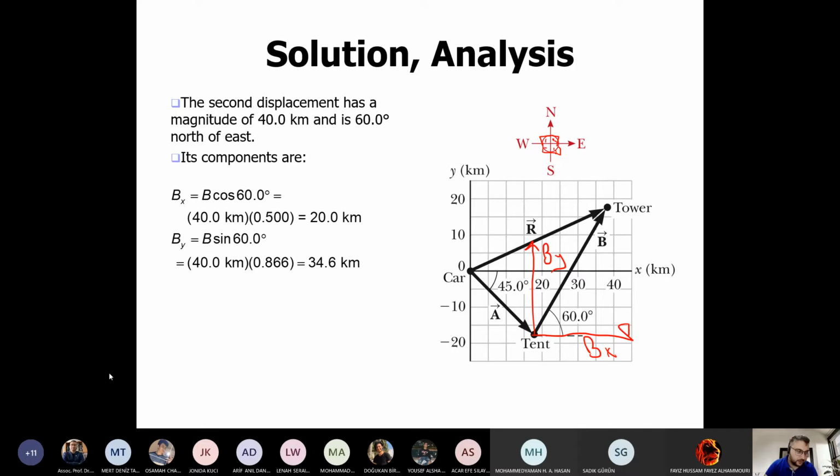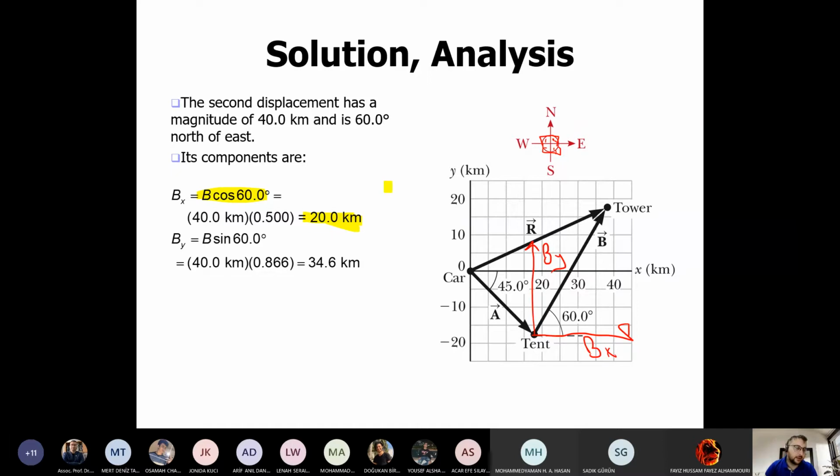So how can you calculate the Bx component? By using cosine theta. So B is given, theta, you know the theta. So you can put it in the calculator and find that the x component of B is 20 kilometers.